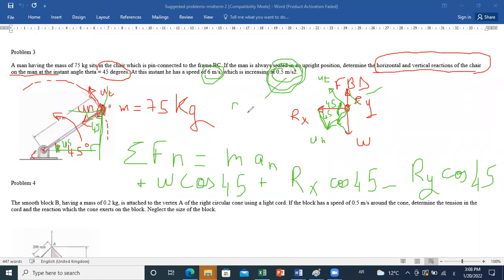Tangential acceleration, which is dv by dt by definition. So if it were decelerating instead of accelerating, the sign of one of the reactions might change. So the reaction direction will depend on the value of AT and the value of V. If you play with these values, the direction of your reaction will change. Okay?